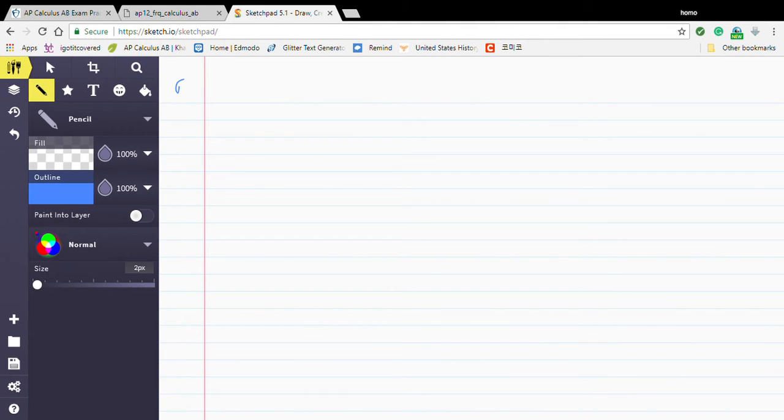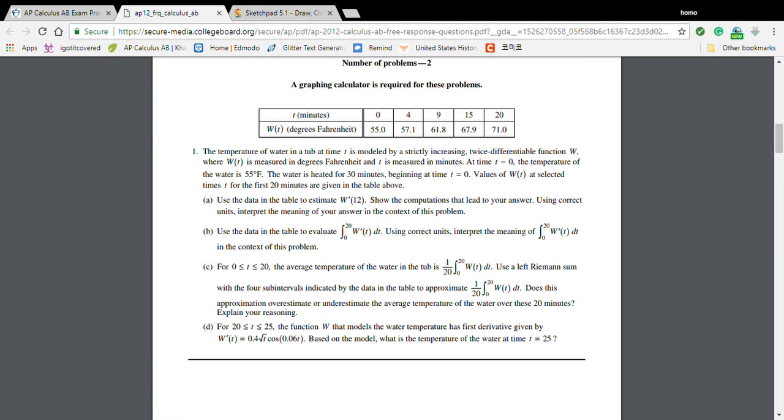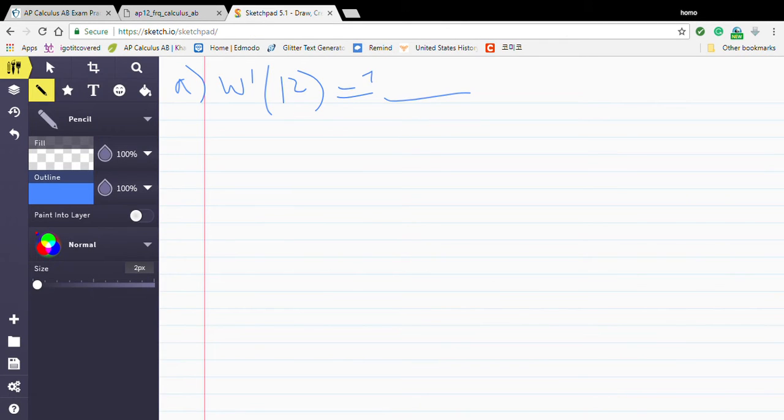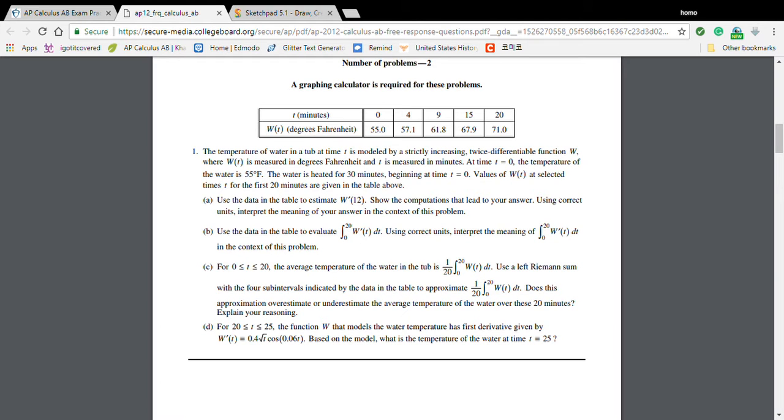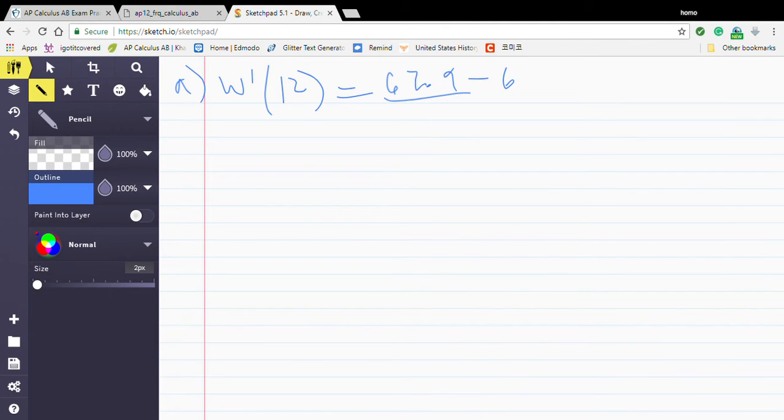So let's go with A. W prime of 12 is 67.9 minus 61.8 over 15 minus 9.